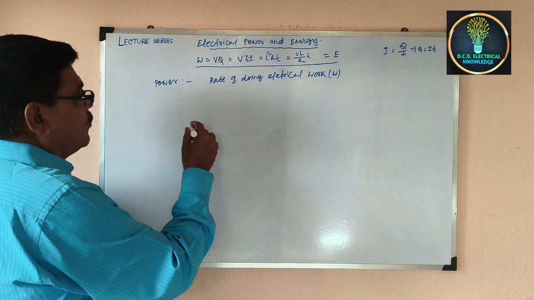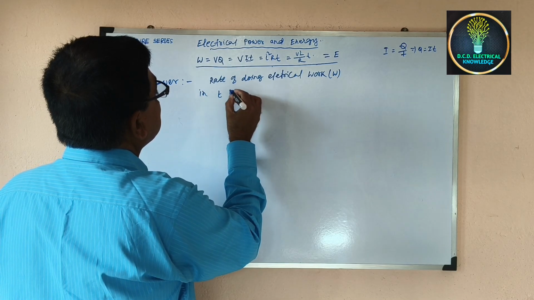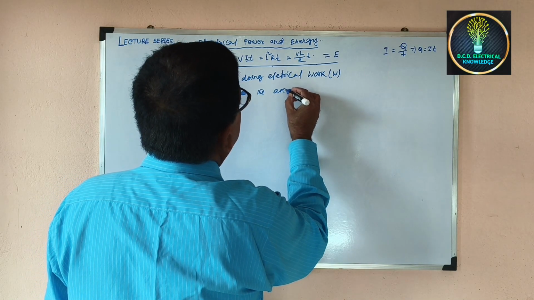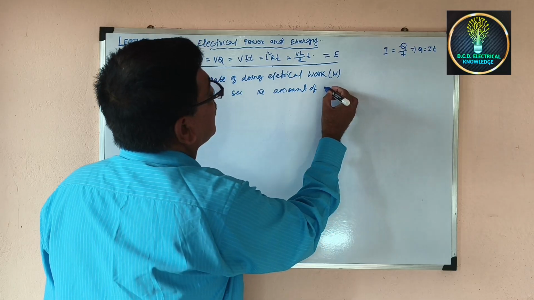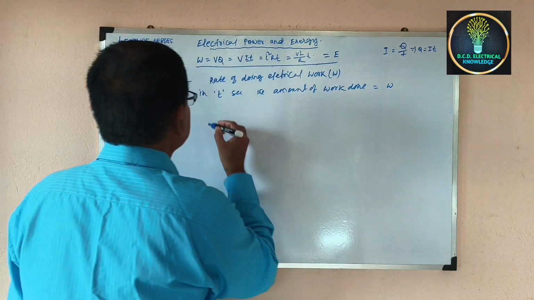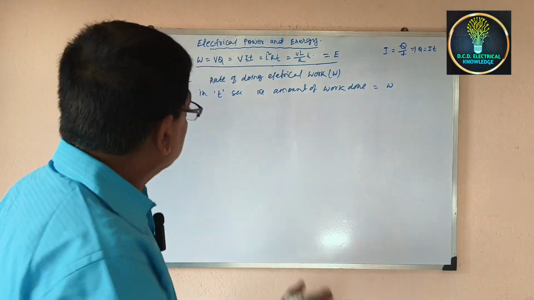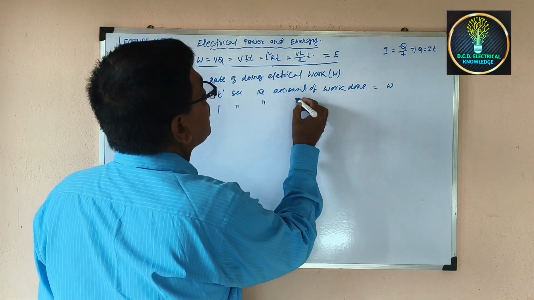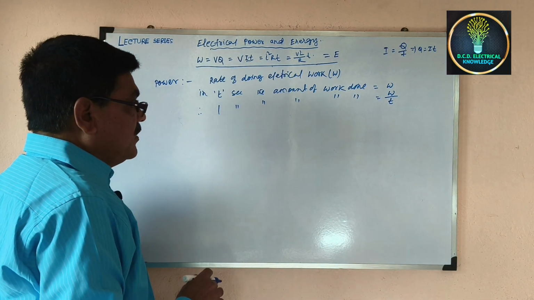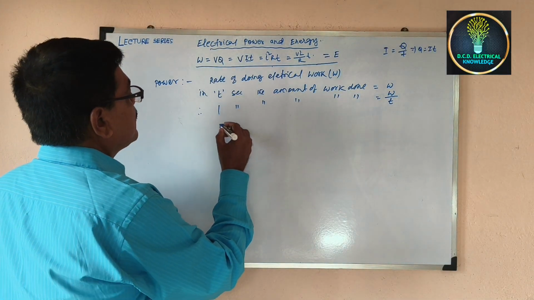So we can write, in T seconds the amount of work done is equal to W. Then in 1 second the amount of work done is equal to W by T. This W by T, that is the rate of work done, is known as electrical power.